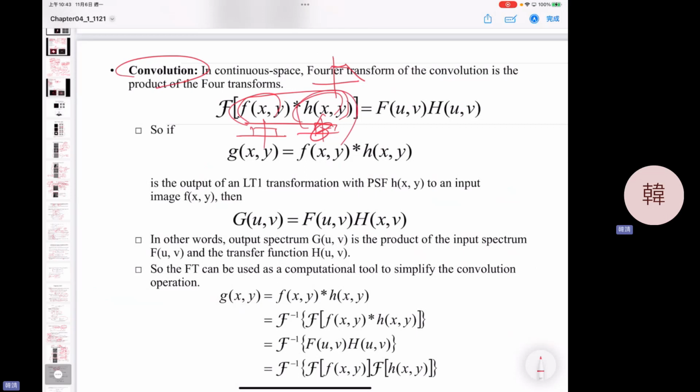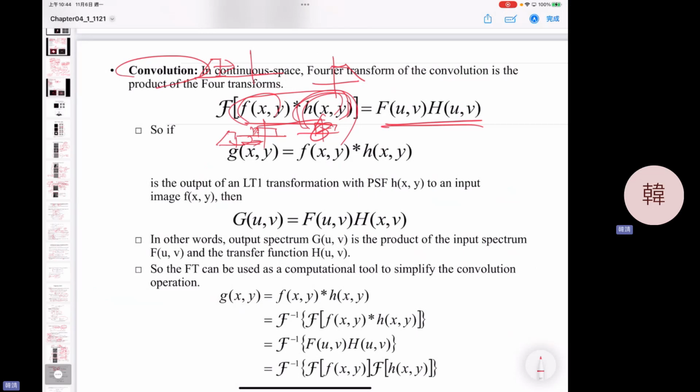So how do you do it in the spatial domain? You fix one signal and flip the other one, then move it from negative infinity step by step to positive infinity, and multiply. Then you calculate the overlapping area step by step, and you will get a result.